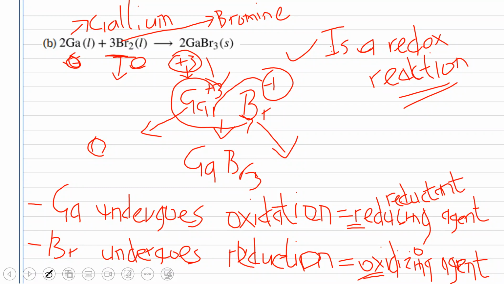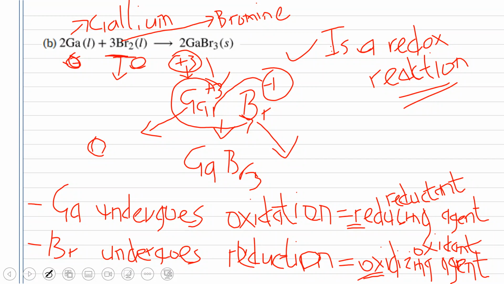Oxidizing agent becomes the oxidant. Okay, reductant and oxidant, so keep them. So bromine is our oxidizing agent.